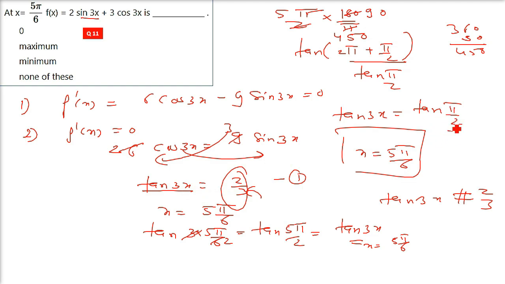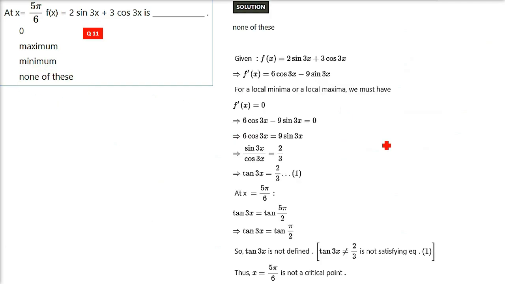Alright. So whichever value is given here is not going to give you any fruitful result. But if you come up with any result, you are most welcome to comment and tell us that yes, I got this one. So when we did all this, tan 3x cannot be equal to 2/3. It is not satisfying equation number 1 which you see here. So x equals 5π/6 is not a critical point.